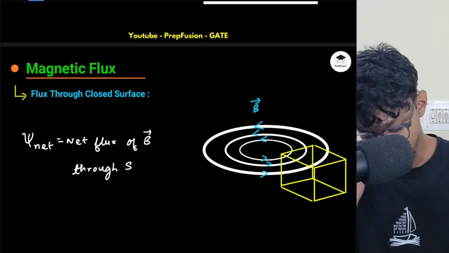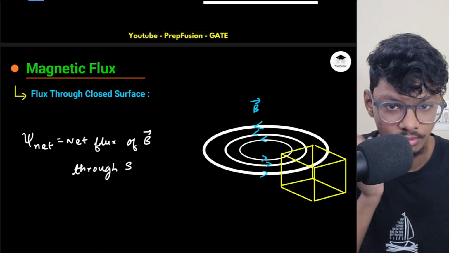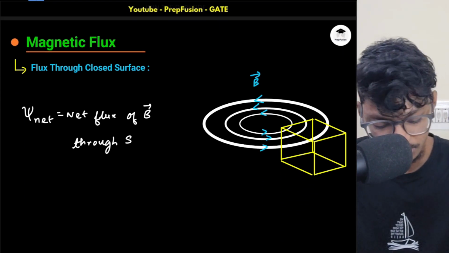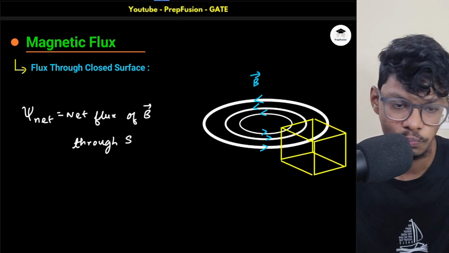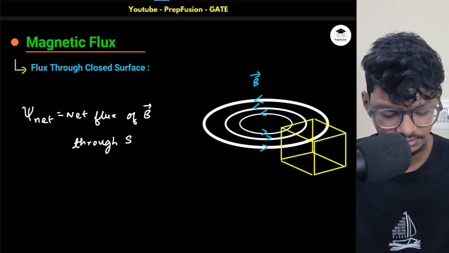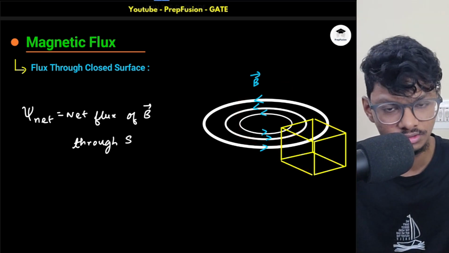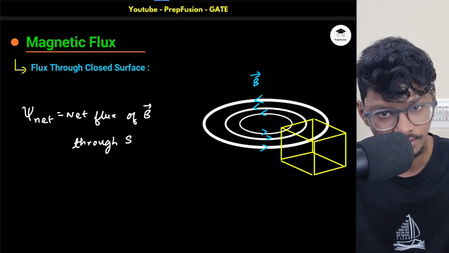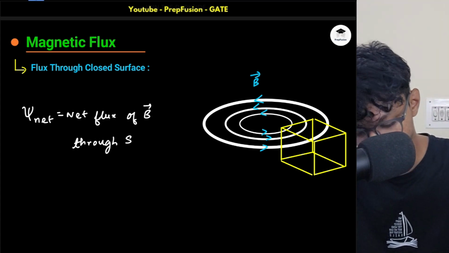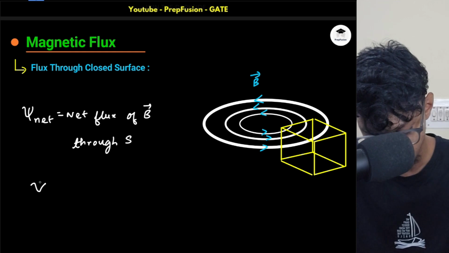And one important property is about the closed surface flux. What will be the total flux through a closed surface if I have a magnetic field like this? So how do you compute the flux? Now, what was the formula? The formula was this, right?